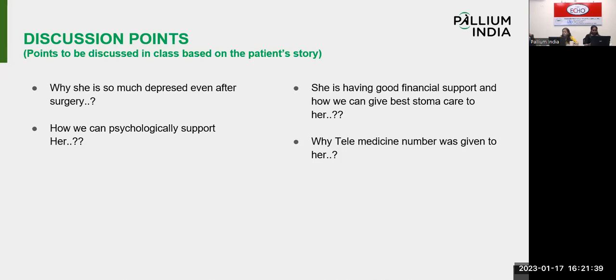I think Mamta is telling we can teach her. To hire a home nurse if possible, if they have good financial support. Any other thoughts? Do you wish to give only stoma care or any other support? Ma'am, only for stoma care, ma'am.